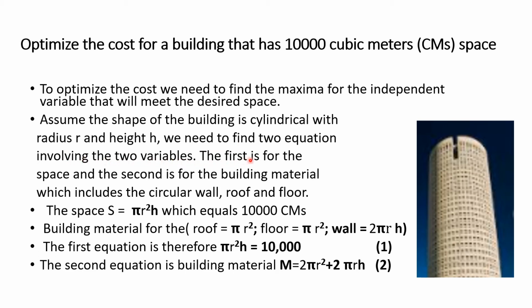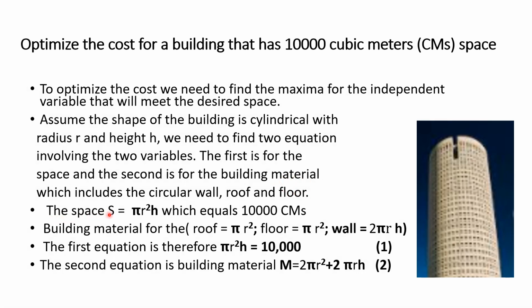The first is for the space and the second is for the building material, which includes the circular wall, which is the outer wall from the ground all the way to the roof, the roof, which is the material used to cover the building from the top, and the floor.